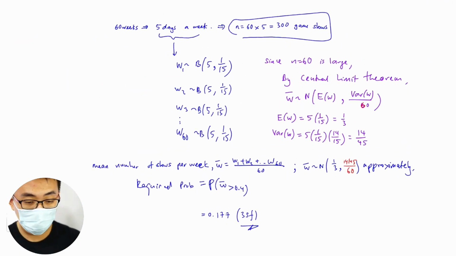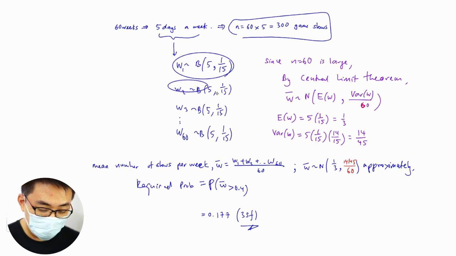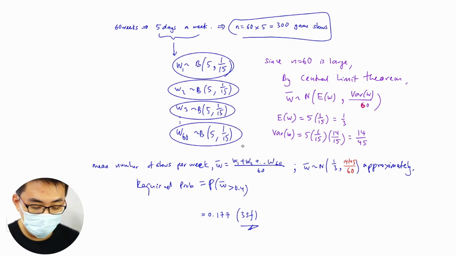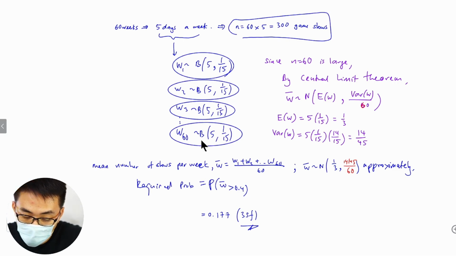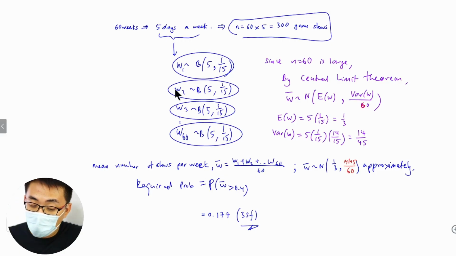There you go. Just visualize this. You run for 60 weeks. Every 1 week is binomial. Then the average of this will just be over 60 weeks, right? Like I said just now, I accidentally considered the total, because they want the mean of every week. So I'm looking at W1, W2, W3, all the way to W60. I just average every week's results out.